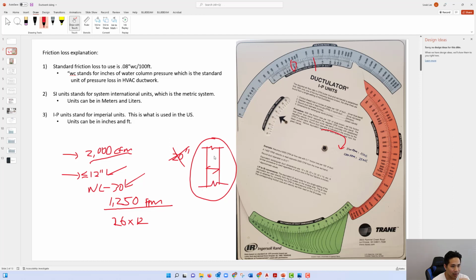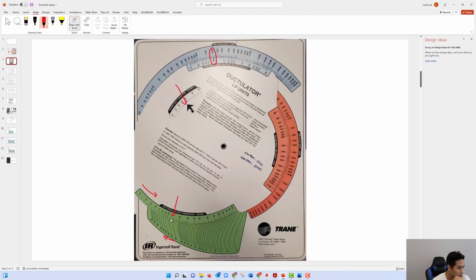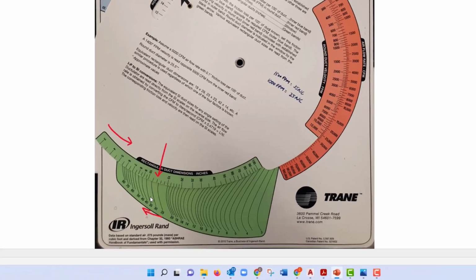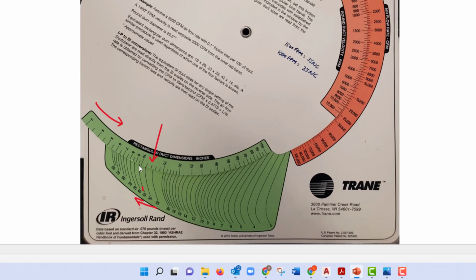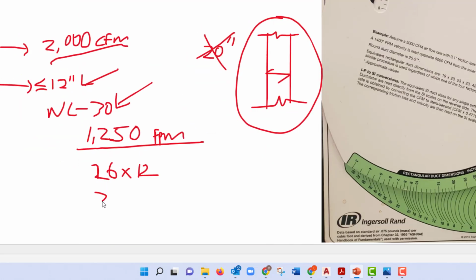If this is the plan view that you're looking at, which basically just represents that you're looking at the duct from the top down. So the next size we can use would be a 10 by, I would say this looks to be around 34. So the next size is a 34 by 10. And again, keeping all the numbers even. If possible, you can also use odd numbers, but we generally try to avoid odd numbers just as a standard, unless it's required that we have to use that odd number dimension.